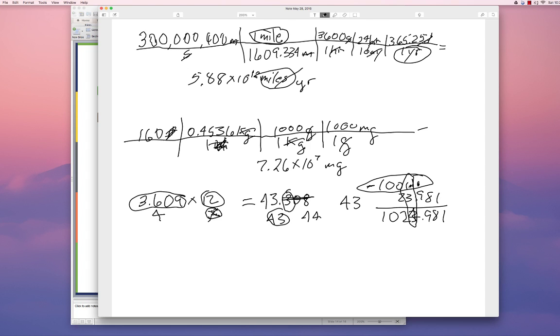The precision here is to the ones place. The precision here is to the thousandth place. The least precise is this 1001, and so you have to move it down here. And this number is greater than 5, and so the answer is going to be 1025.